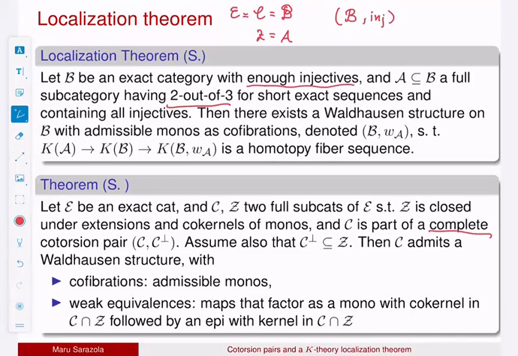So finally, we need the perp of our category to be included in the acyclics, but the perp are the injectives. And that's why we ask that the category A contains all injectives. So we can run the machinery and obtain a Waldhausen structure on B, having exactly the cofibrations that we wanted to have.